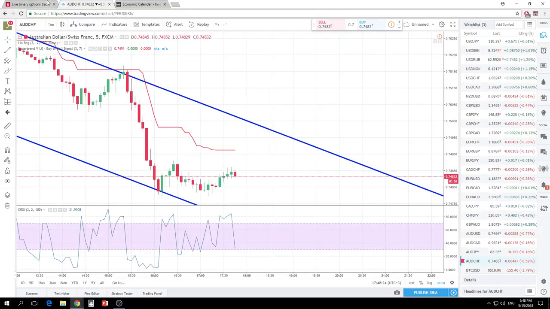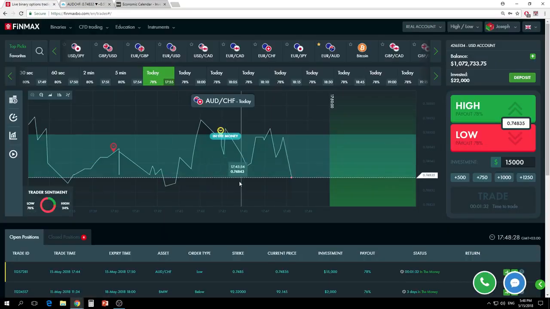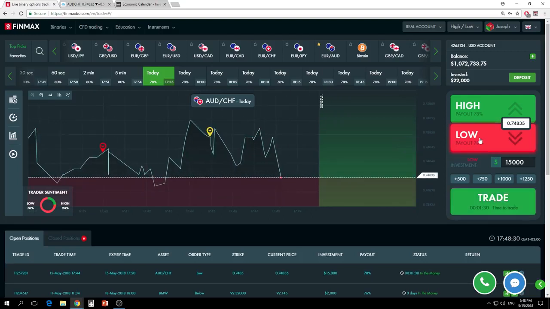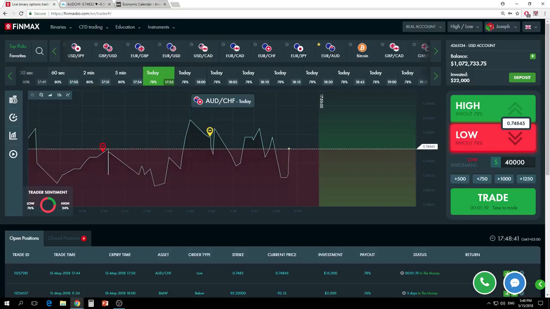Okay, dear traders, let's move again to our platform and let us get ready for the case if volatility is still unchanged and we need to interfere in the trade with the next recovery step, and for me it is going to be 40,000 US dollars already.